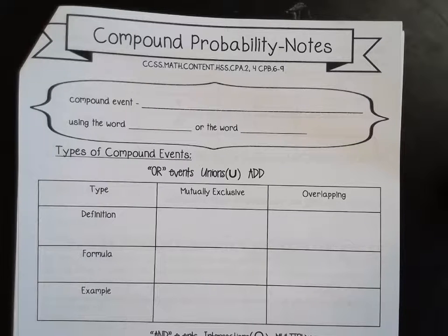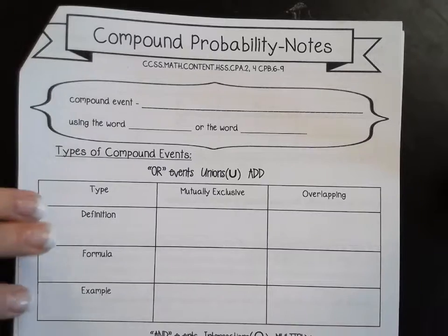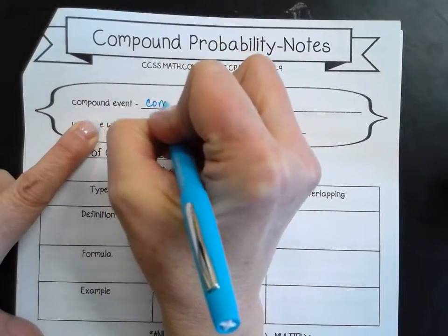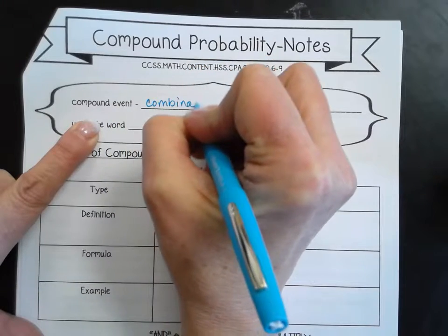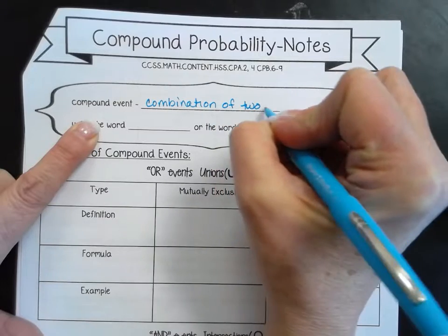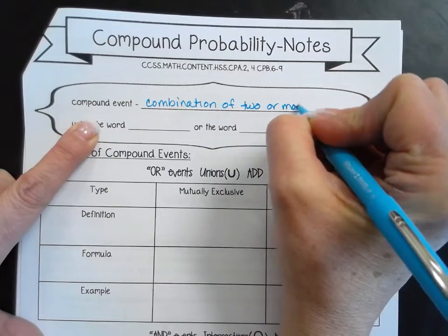Compound, what does it mean to compound something, or what's the word in general mean? It's like adding something to something else. Yeah. So a compound event is a combination of two or more events.